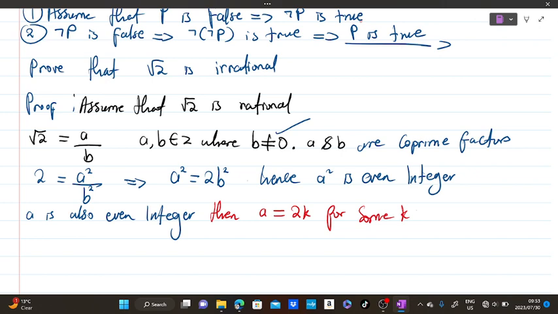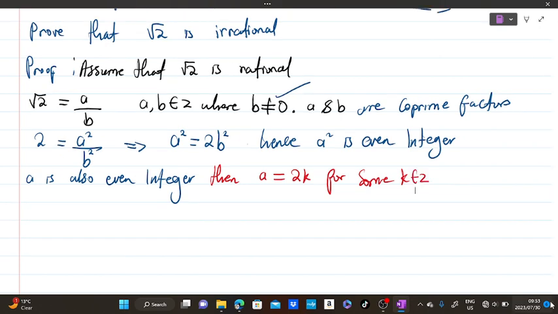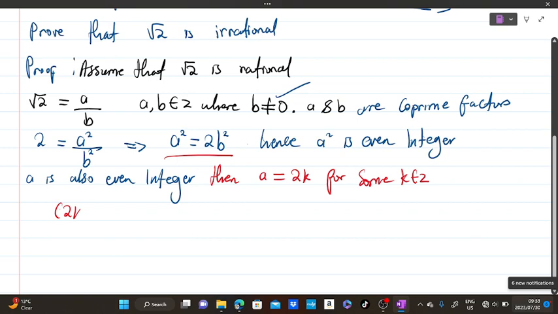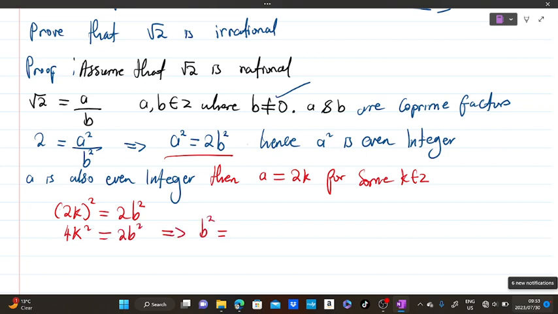So now we need to substitute 2k where there is a. So where there is a, we replace it with 2k. From this statement we are going to say (2k) squared is equal to 2b squared. Then we are going to have 4k squared is equal to 2b squared, and then we make b squared the subject of the equation. b squared is going to give us 2k squared.